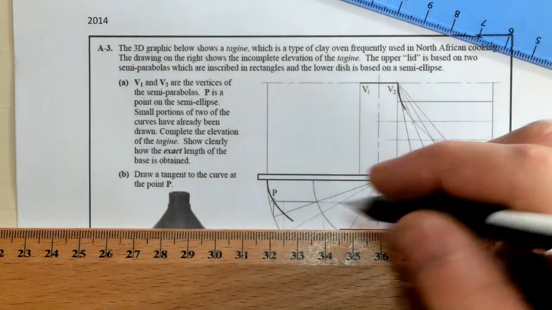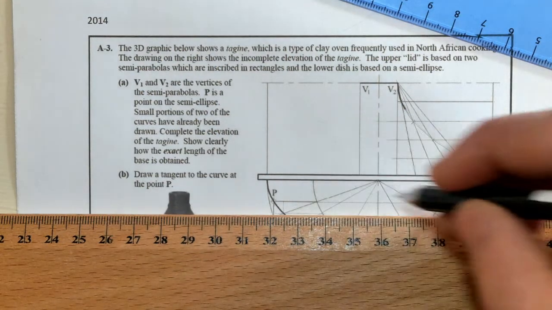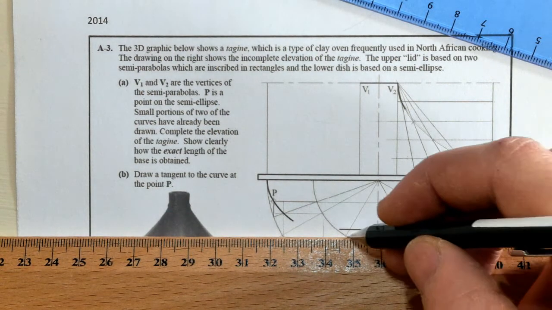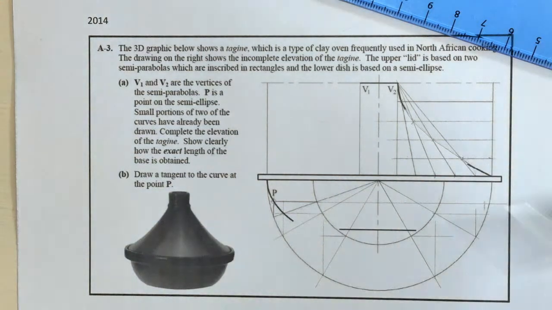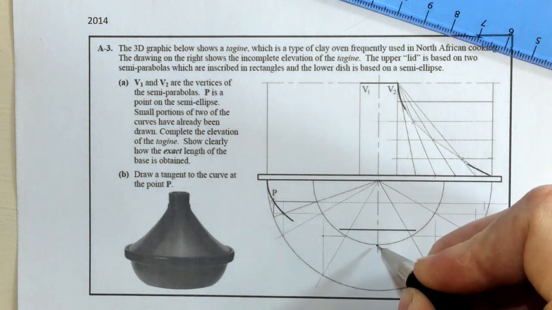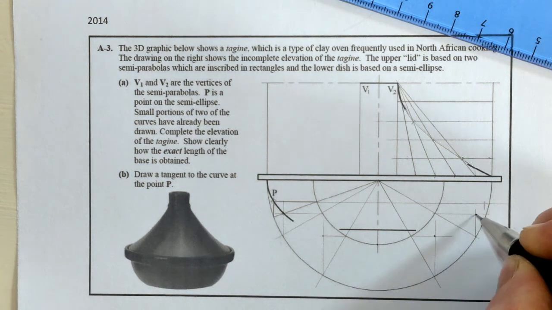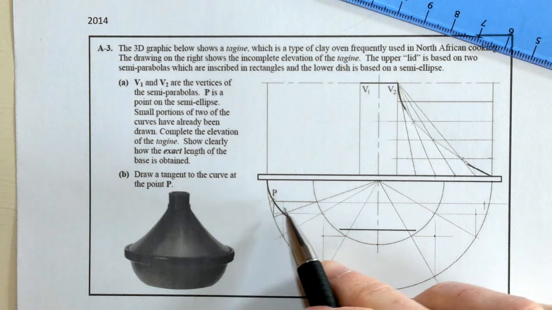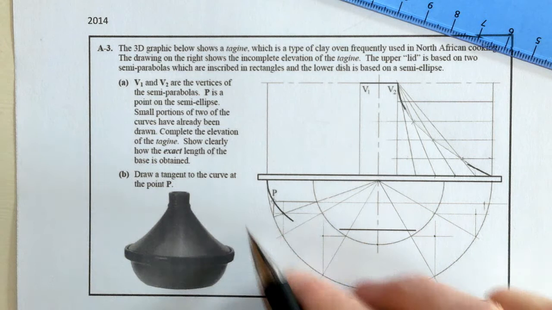And from the minor circle, straight across. And that will give you a series of points. You can see where that matches up perfectly with the actual portion of the ellipse that they have drawn there. Like so. So that will give you your points if you were drawing the semi-ellipse.